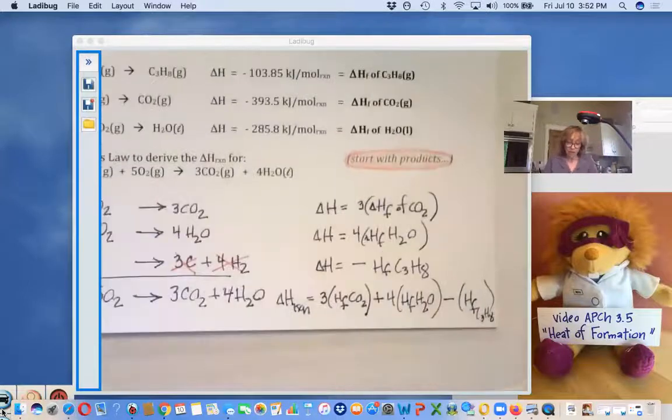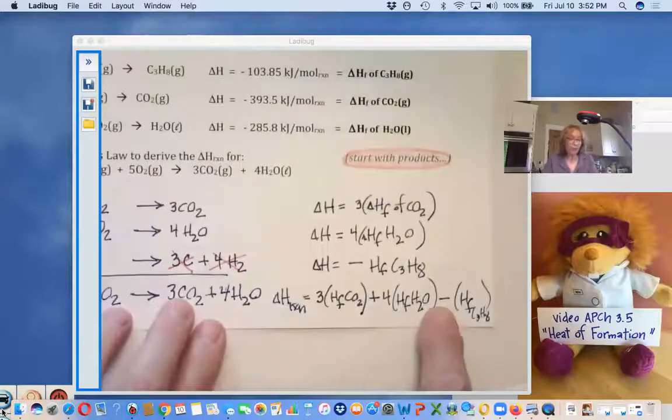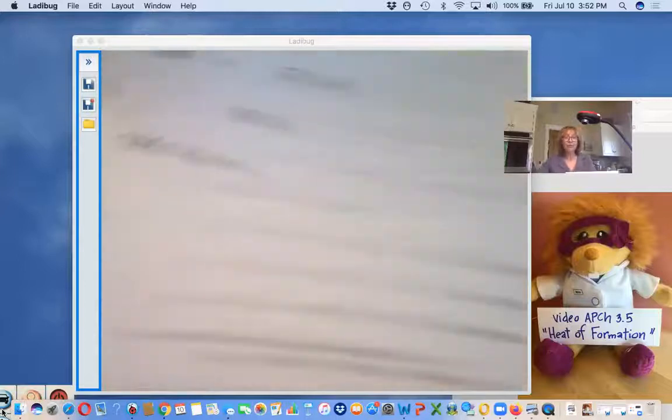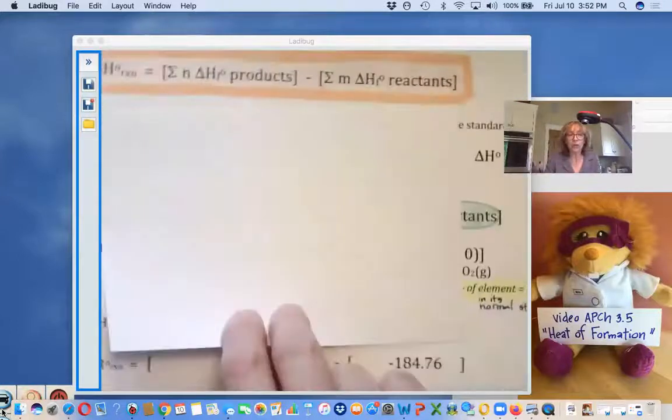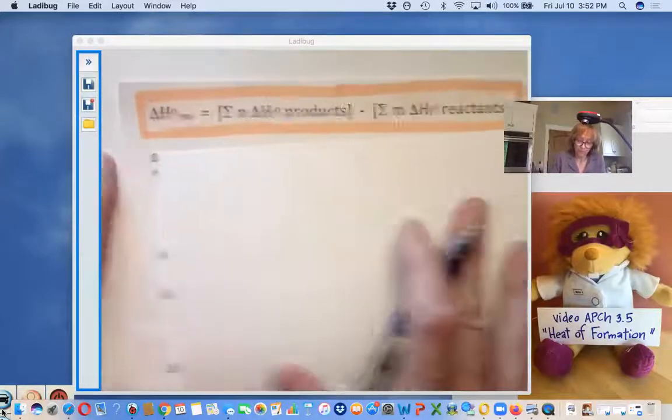Okay, now that translates to this more general form.